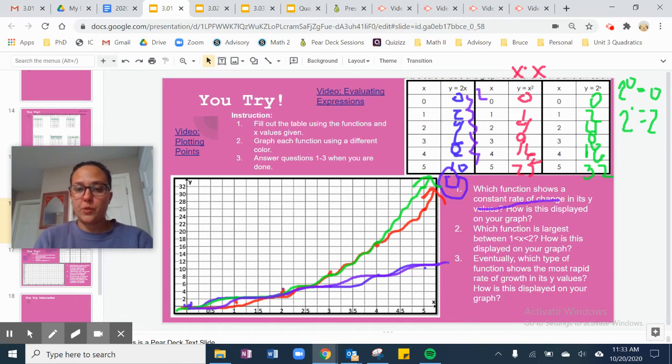Which function is largest between 1 and 2? How is this displayed on your graph? So between 1 and 2, for the linear, it goes from 2 to 4. And for the quadratic, it goes from 1 to 4.